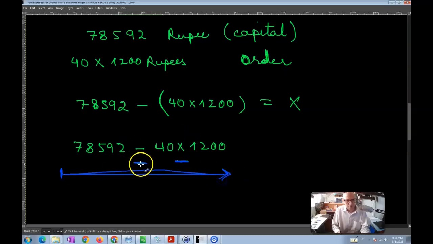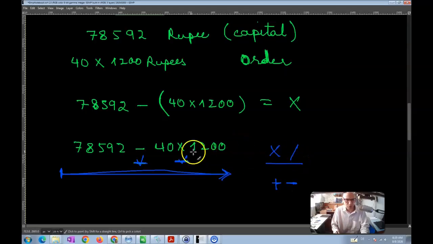first I will come across the subtraction sign, and then I will come across the multiplication sign. Now in the 4 basic operations, multiplication and division have the first priority, and then addition and subtraction have the second priority.